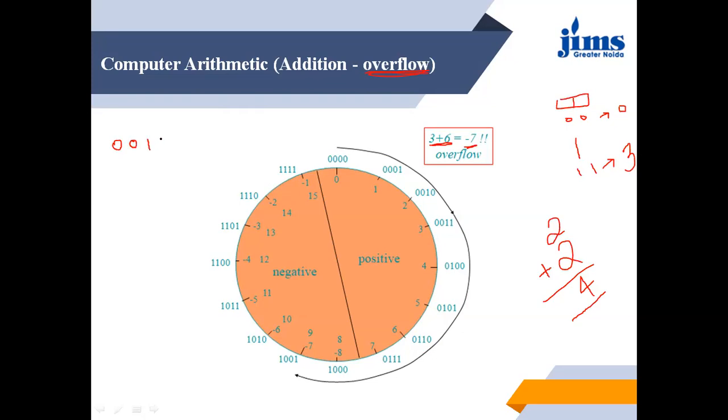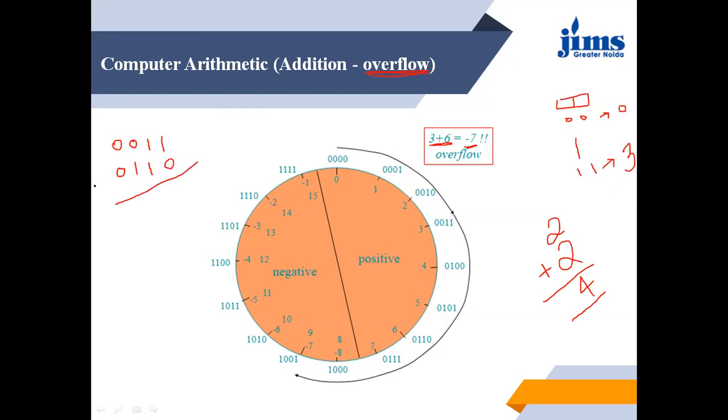So this is the representation of plus 3. When we have to write plus 6, this 0 represents a positive number, and 6 means this is 4 plus 2.